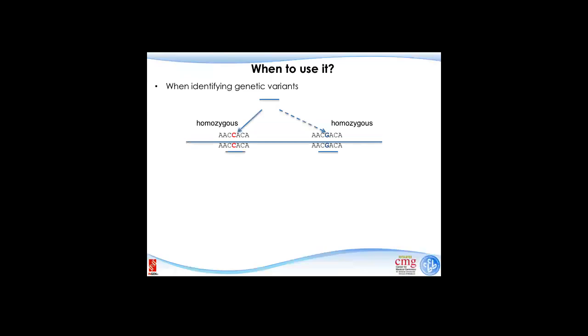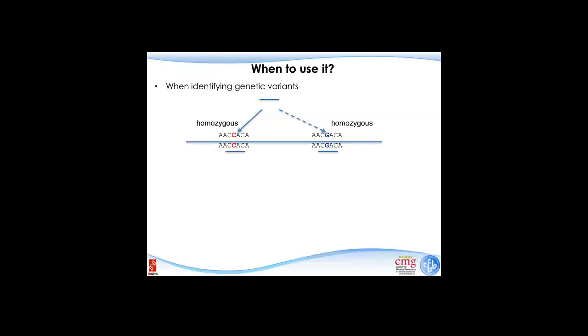So when we find something and think, okay, I'm really ready now for my Nature paper, I identified something big, let's slow down a little bit and take a look at whether there are some potential technical artifacts. For example, when we identify genetic variants, suppose there are two regions that are very similar to each other, and they have just one base difference, and both of them are homozygous.